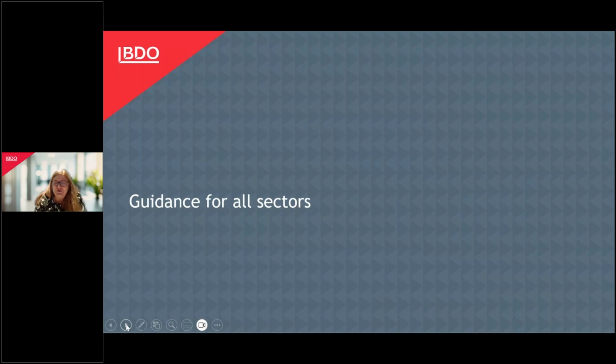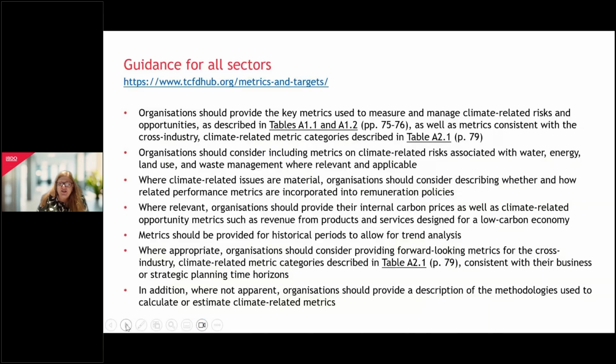In the TCFD recommendations, they've started around metrics and targets. They started with guidance for all sectors. So all sectors, all entities should consider the following. These are the key principles that they've included for all sectors.